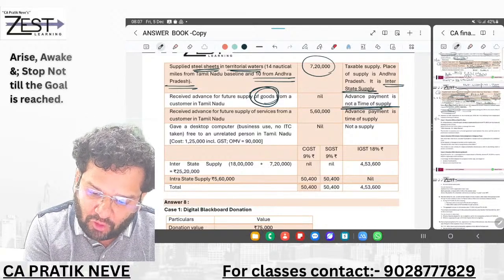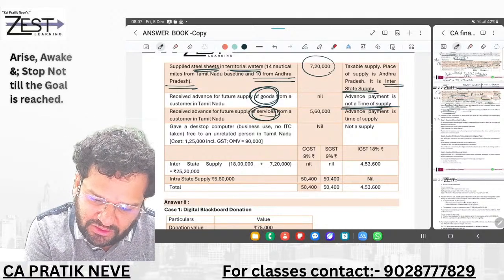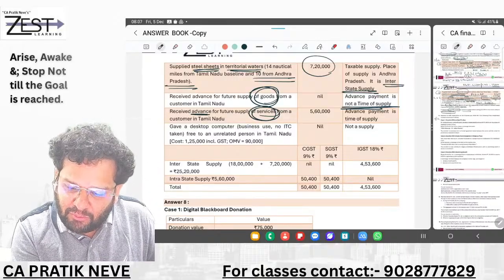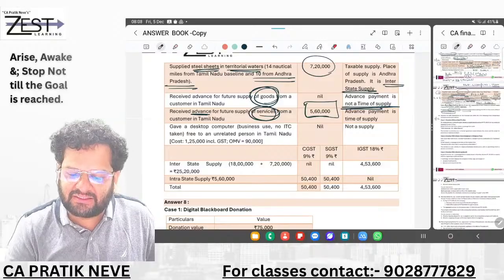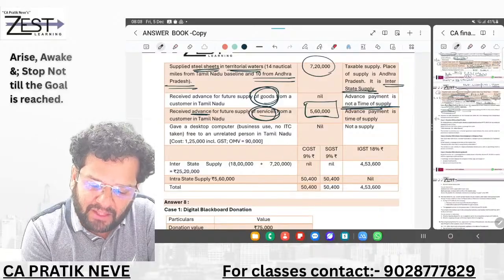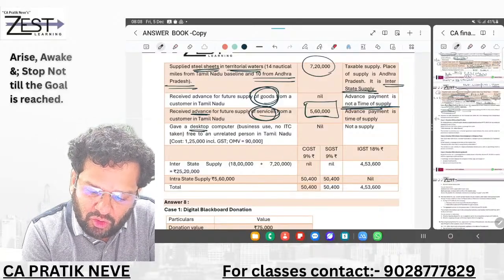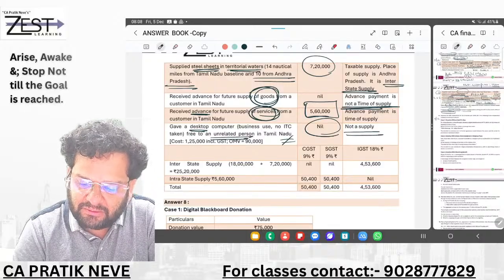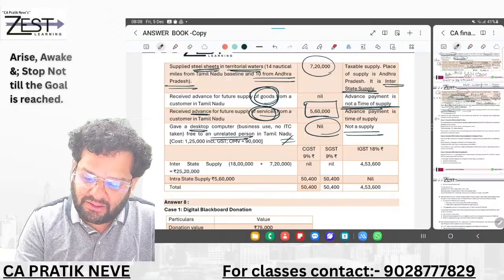For supply of services, the advance was received. Yes, in this month there is a time of supply for this, so this 5,60,000 will be considered in the value. And giving a desktop right now to an unrelated person is not a supply, so nil.